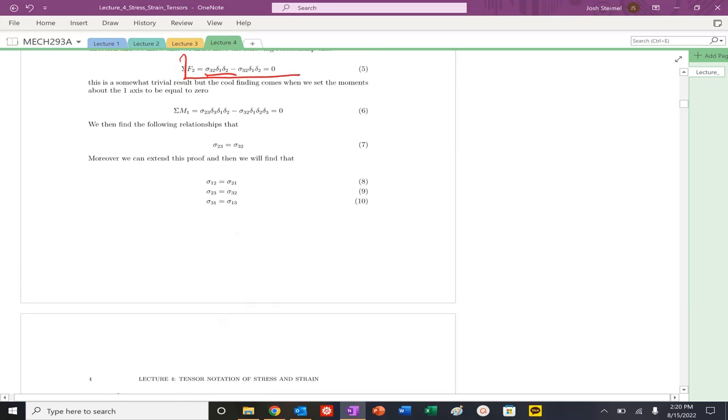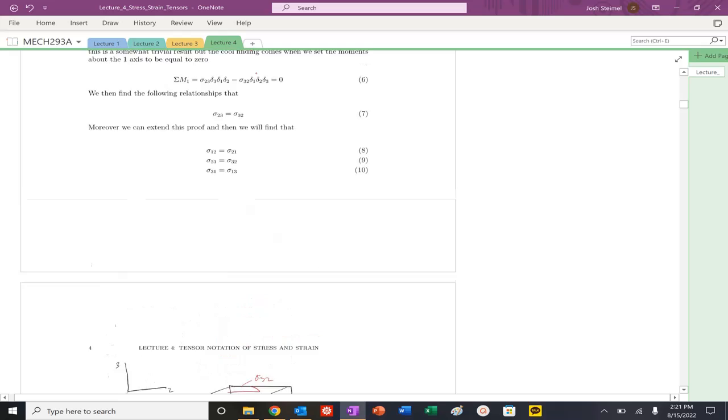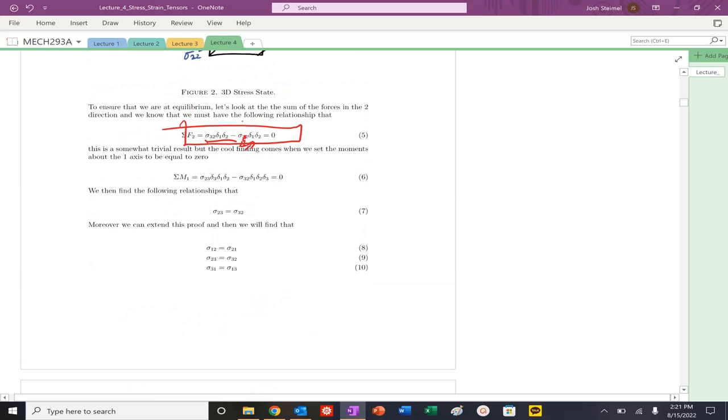And so this equation has to hold. It's actually sigma 2,3, excuse me. But it must hold, so they must be equal in magnitude.